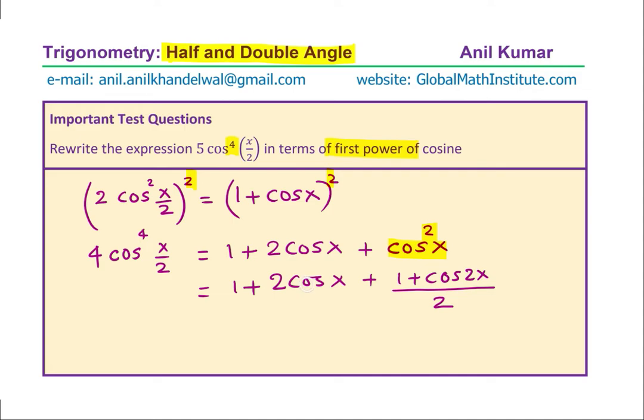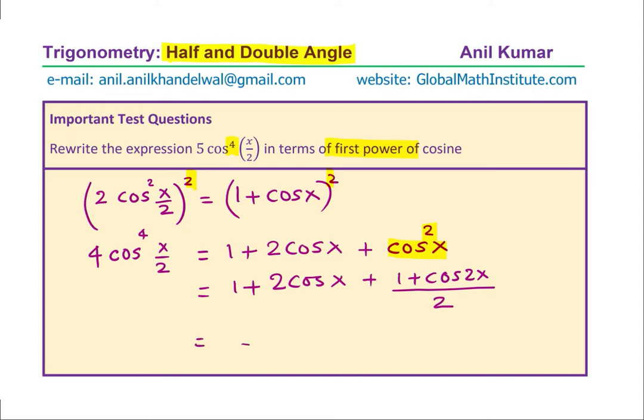So now you can see we have single powers of cosine. So that is what it meant when it was saying first power of cosine, right? And now we can take 2 as the common denominator and rewrite this expression.